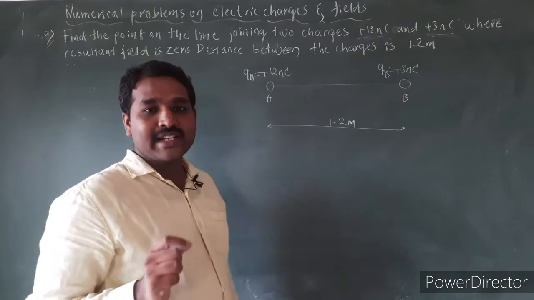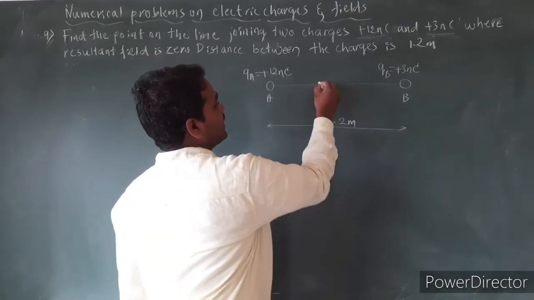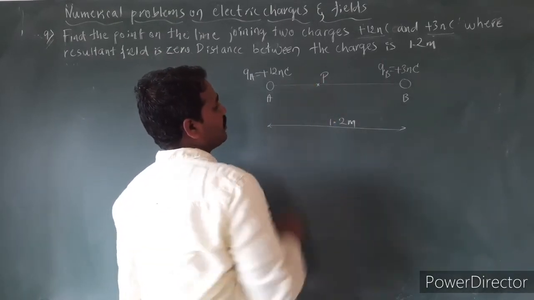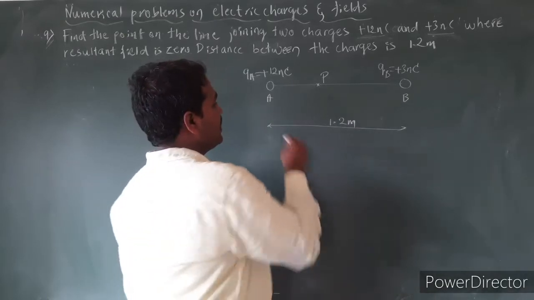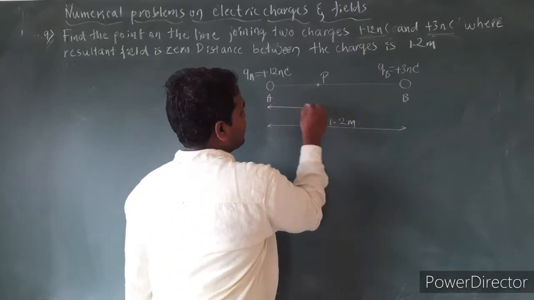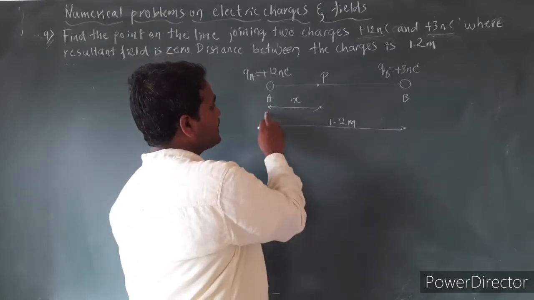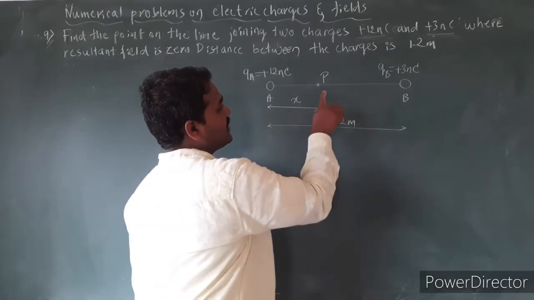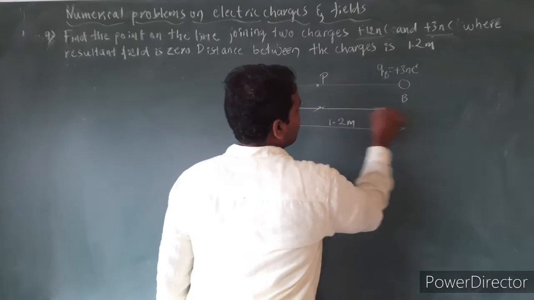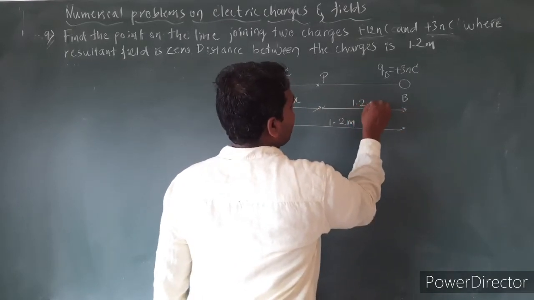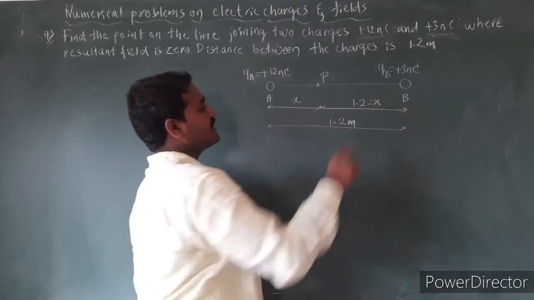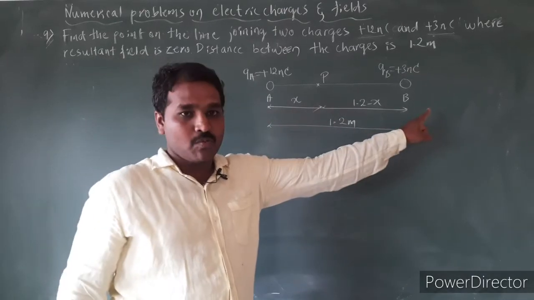I don't know where that point is, so let me assume that point is P, at a distance of x, and this x I have to find out. If this distance is x, the distance between P and B will be 1.2 minus x, because the total distance between A and B is 1.2.